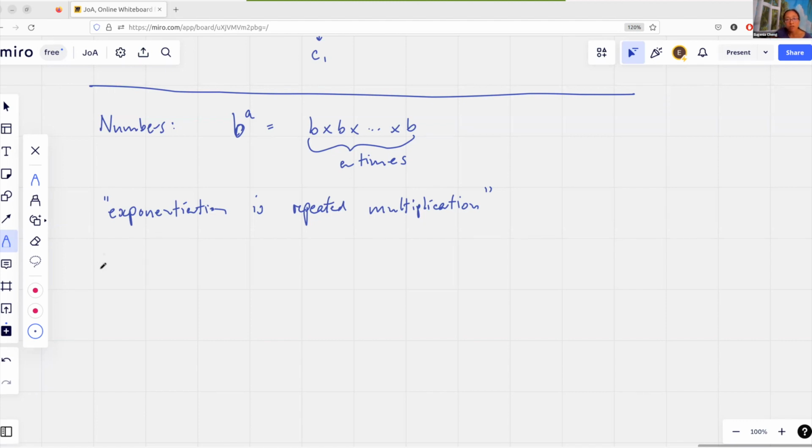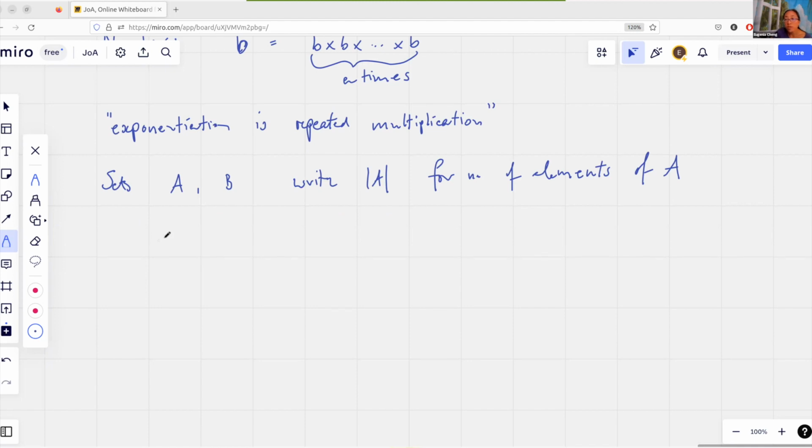If we write |A| for the number of elements of A, for any sets A and B, then we can do arithmetic by taking products and coproducts of sets. So the number of elements of A coproduct B is the number of elements of A plus the number of elements of B.